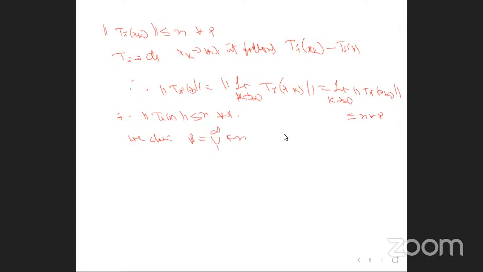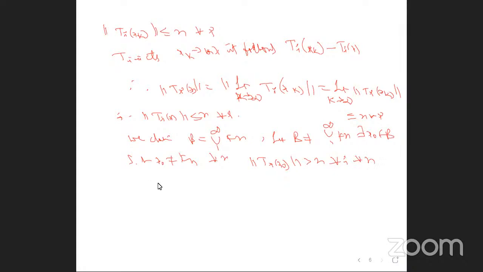Suppose B is not equal to the union of F_n for n from 1 to infinity. Then there exists x naught belonging to capital B such that x naught does not belong to F_n for all n. This shows that norm of T_i(x naught) is greater than n for all n.